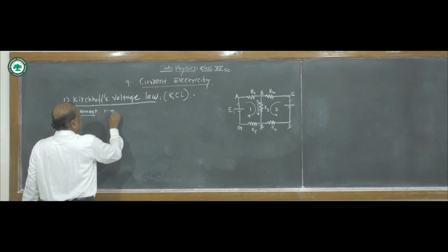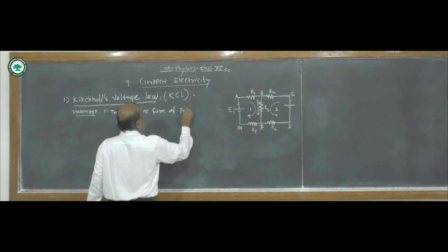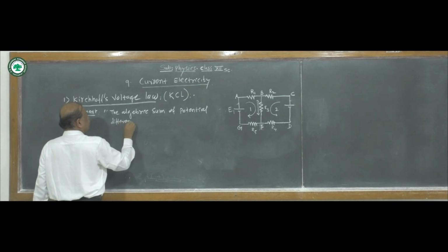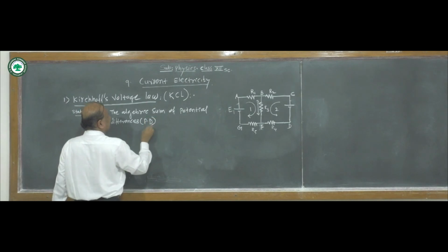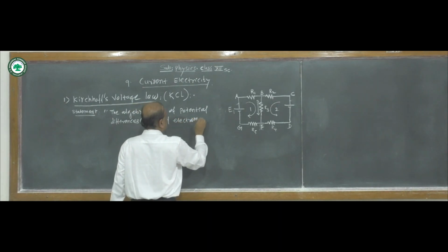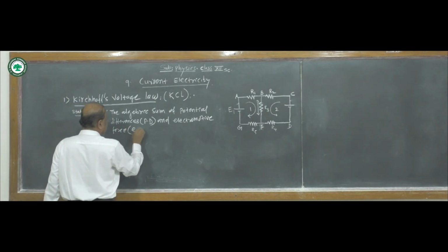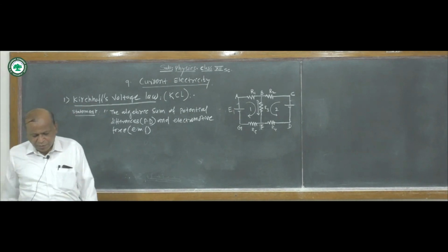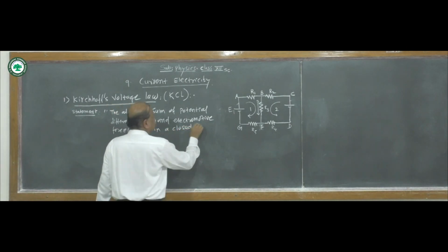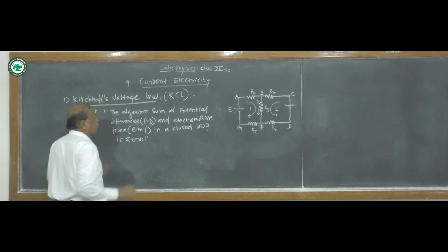The statement: the algebraic sum of potential differences (PD) and electromotive forces (EMF) in a closed loop is 0, or is equal to 0.